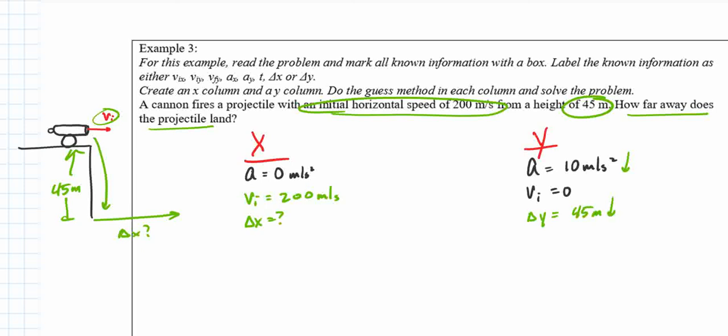And just like we did before, because the acceleration is 0, the only equation that we've got is delta x is v initial times time plus 1/2 acceleration times time squared. The acceleration goes away, and so that delta x is going to be the initial velocity times the time.